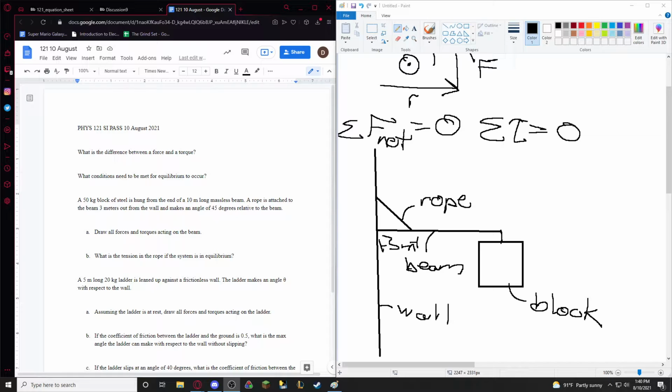All right, so let's go over this. First thing we want to do is draw all of the forces and torques acting on the beam. For forces, there's potentially 3 spots where there's going to be some sort of force acting on the beam.